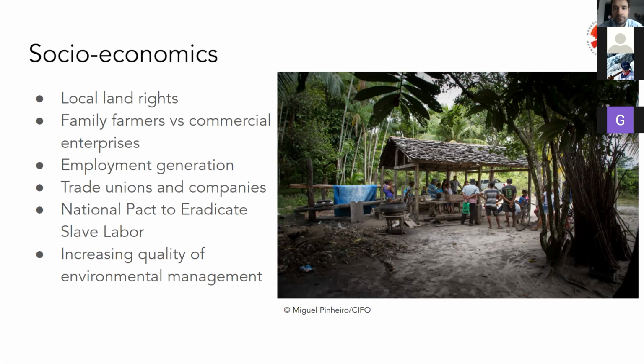Come to find, 27% of the companies that were found to have slave labor were in the Pará region, and in 2013 there was actually a mayor of a city who was found guilty of having slaves working on his palm oil plant, and he was an outgrower of the Agro Palma company.